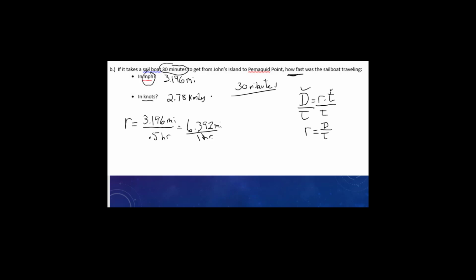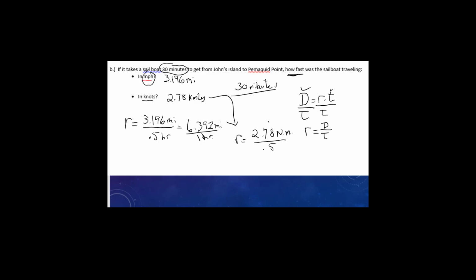So now let's look at nautical miles. Same formula. The rate is equal to, in this case, 2.78 nautical miles divided by, again, 0.5. If I divided it by 30, I would get an answer, and it would be nautical miles per minute.